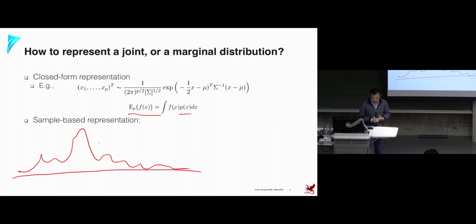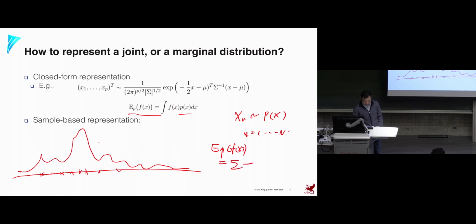So the sample-based representation says the following. You can draw samples from this distribution. We use this representation x^(n) drawn from p(x), and n can be from 1 to capital N. Then you can use this approximation.